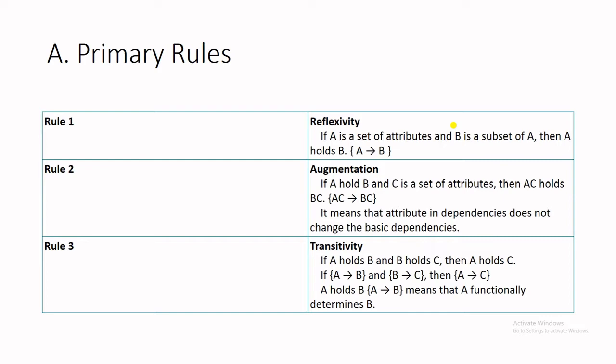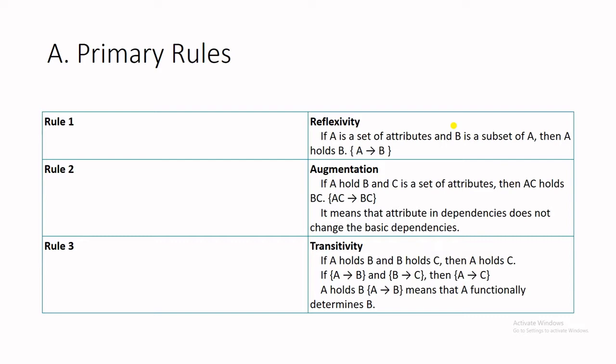First is reflexivity, second is augmentation, and third is transitivity. Reflexivity: if A is a set of attributes and B is a subset of A, then the functional dependency A → B holds, and it is called reflexivity, where B is a subset of A.